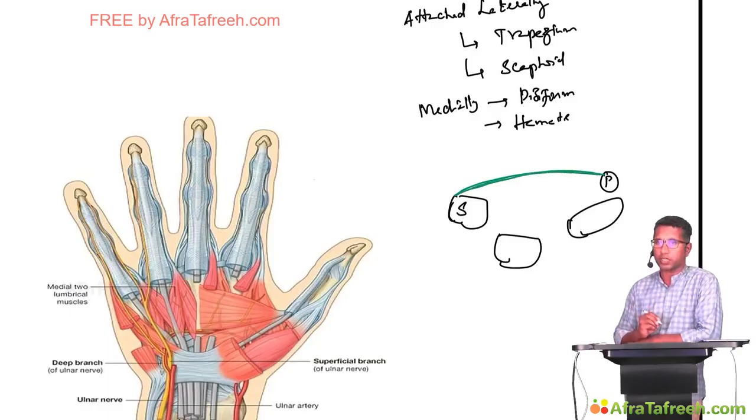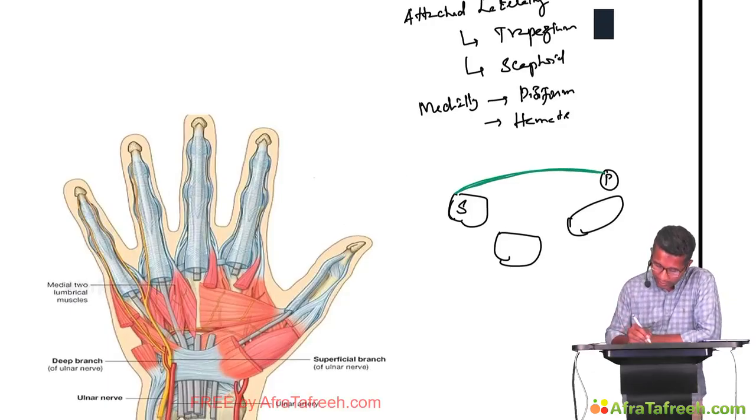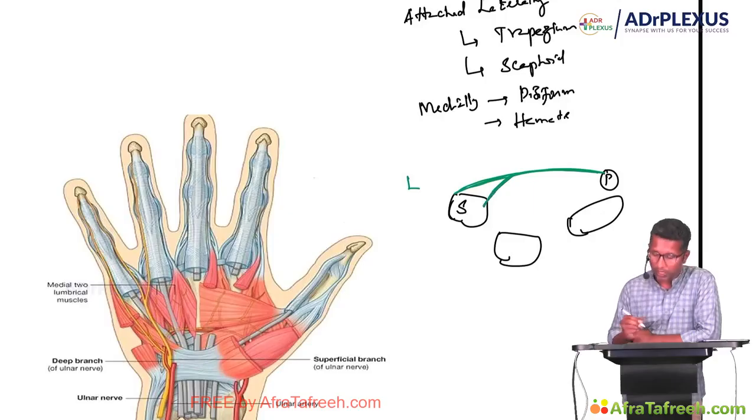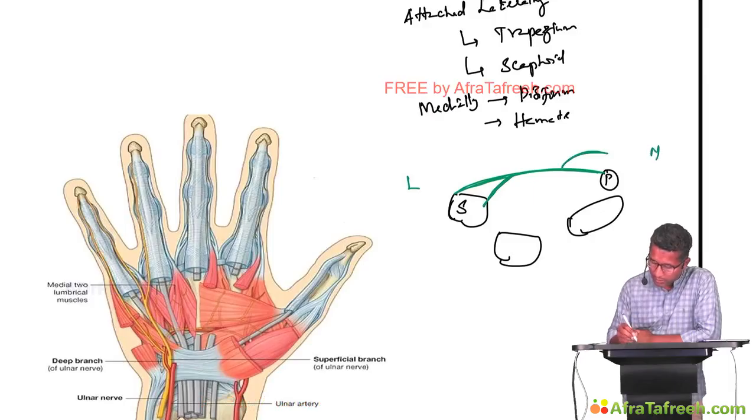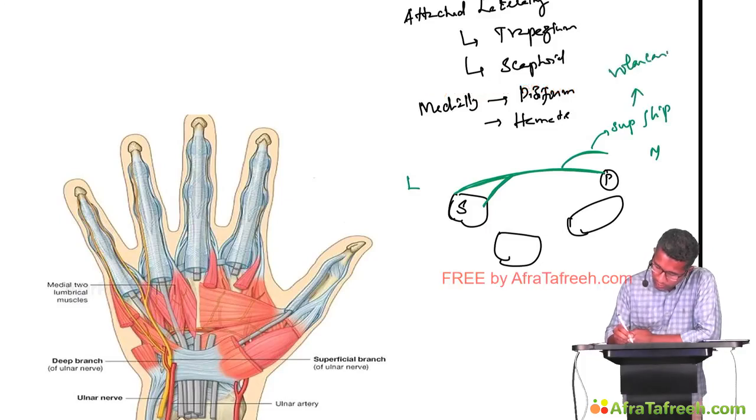This is the attachment of the flexor retinaculum. See what happens to the flexor retinaculum on the lateral side? It gives a deep slip, and on the medial side it gives a superficial slip. This superficial slip is also called the volar carpal ligament. This side it gives a deep slip.